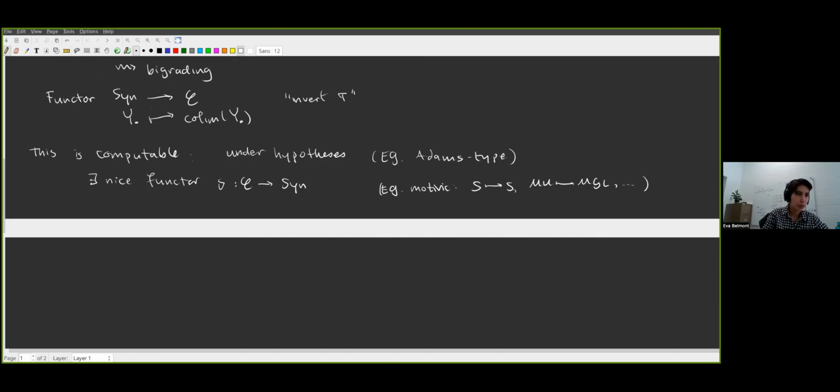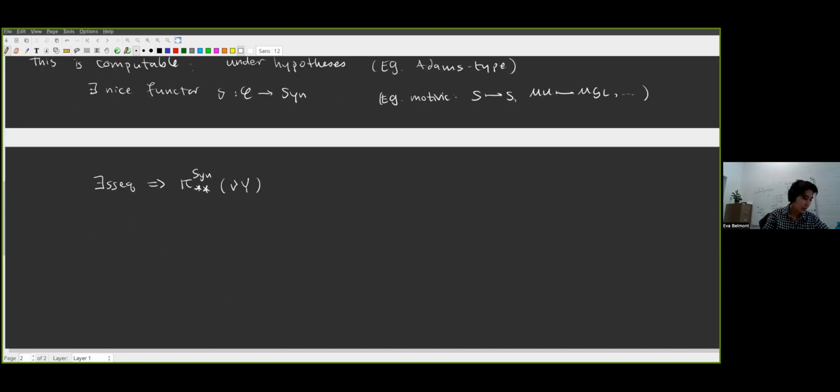So there's this functor, and moreover, there's a spectral sequence. So suppose I want to compute homotopy groups in this synthetic world on something that's in the image of this functor. Something in the image. So what does the spectral sequence do?